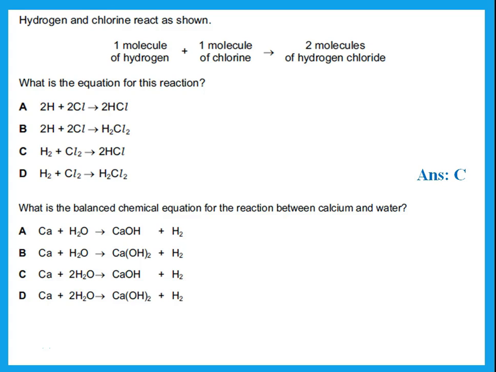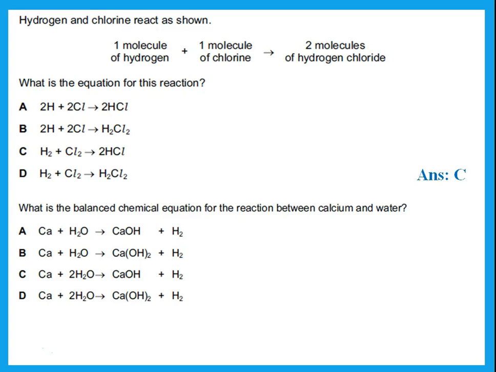What is the balanced chemical equation for the reaction between calcium and water? So obviously he wants calcium, okay, that's correct, water is correct, to give calcium hydroxide. Now how do I write calcium hydroxide? Calcium has a valency of 2 and the hydroxide has a valency of 1, so I'm supposed to put 2 under the OH, and we said when we put 2 under these ions that we're supposed to memorize, hydroxide, nitrate, sulfate, carbonate, and so on, you need to put a bracket around it before you put the number.